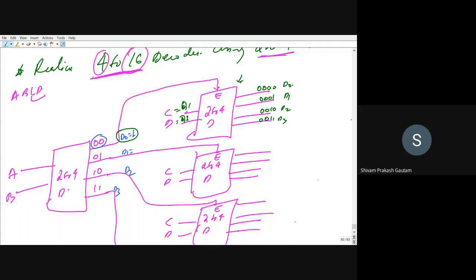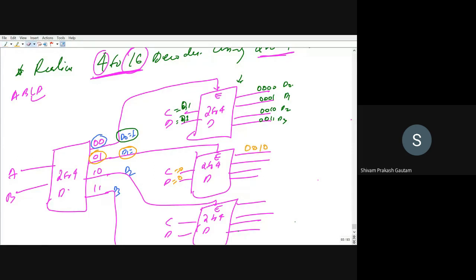Now similarly for the second case, if we are having, let us say, A equal to 0 and B equal to 1 here, then this D1 will be high and all others will be low, and this will be activated. So you can provide here 0 and 0. So 0, 0, 1, 0.